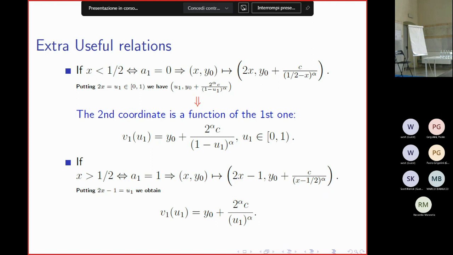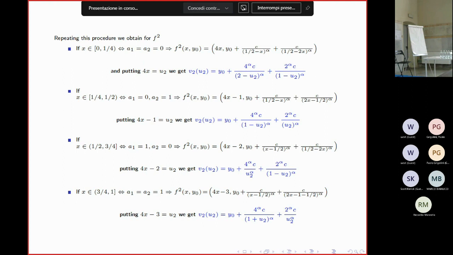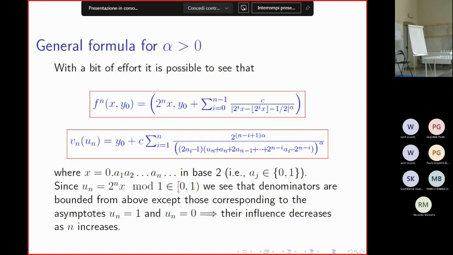We use this later. And this is just the graphic of the pre-orbit when you look at just one of the coordinates. There is a general formula where the n-th iterate you can write like this.